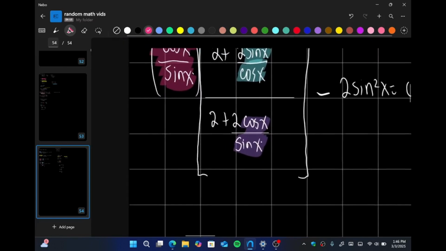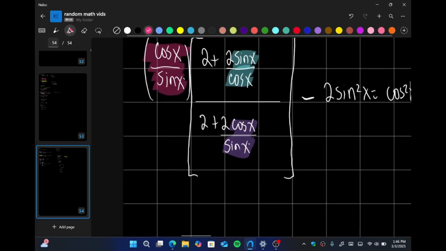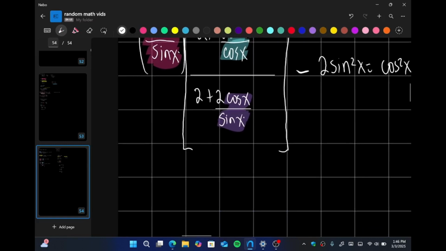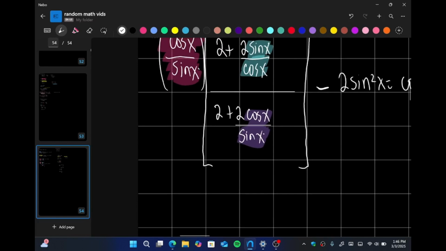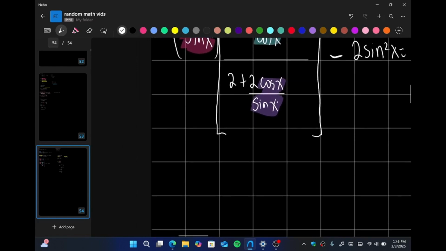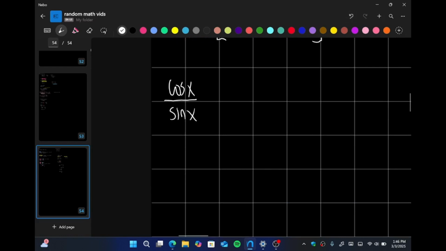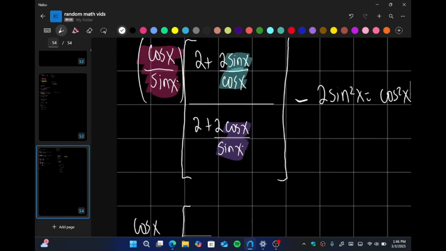Alright, so what's going to happen now, I'm going to keep this the same over sine x, and then I'm going to just rewrite the expression.